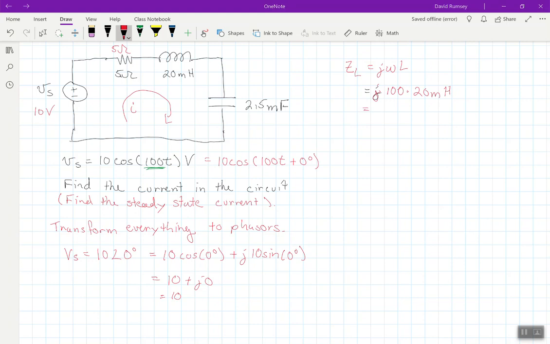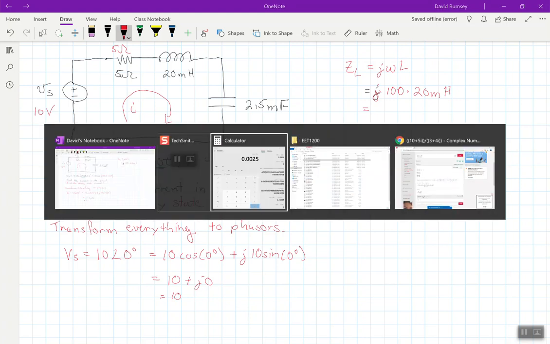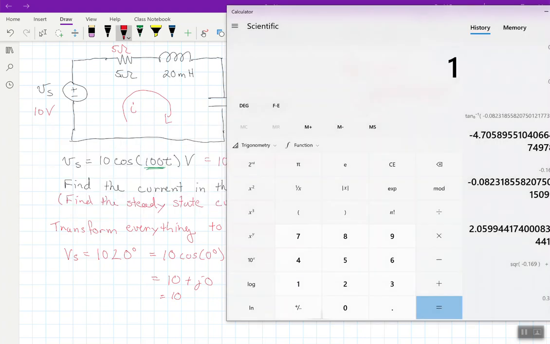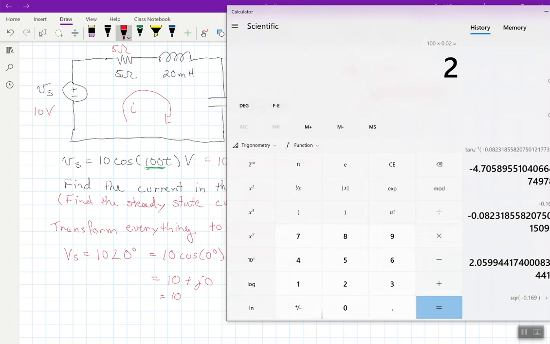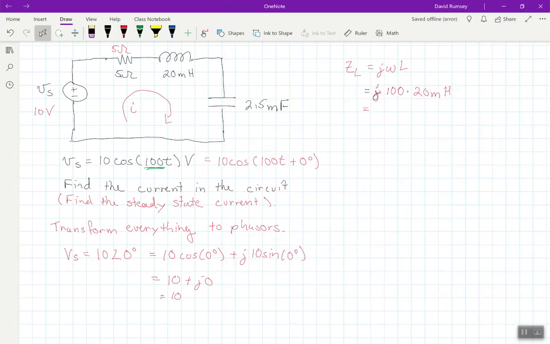which would be, pulling up my calculator real quickly, 100 times 0.02, because that's what 20 millihenries is, it's 2. So we get J2, and this is still in ohms now. J2 ohms. Now we have 2.5 millifarads.